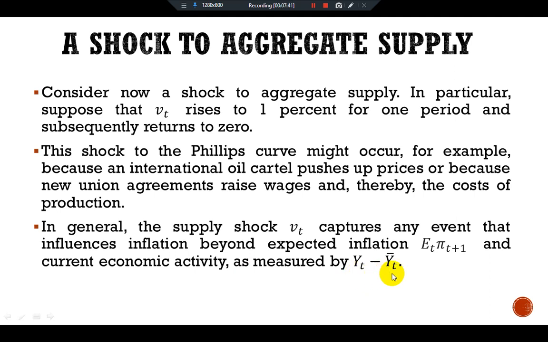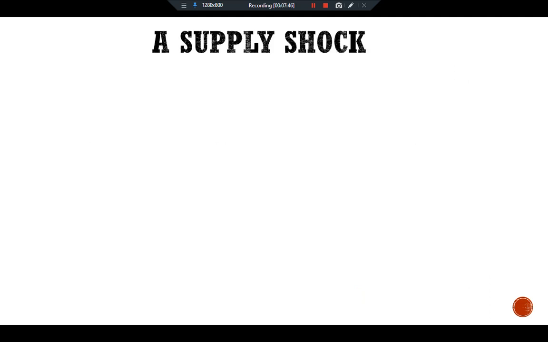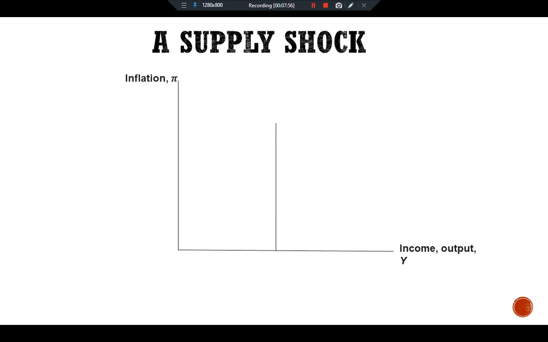So let's see a graphical presentation of a supply shock. We have income, output Y, on the x-axis, and inflation, pi, on the y-axis. We have a constant vertical line at the natural level of output, Y bar, for all times.